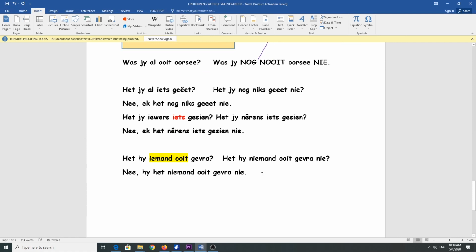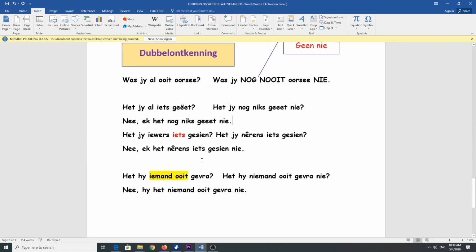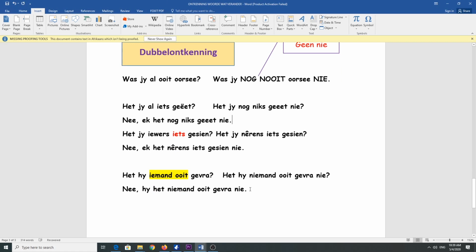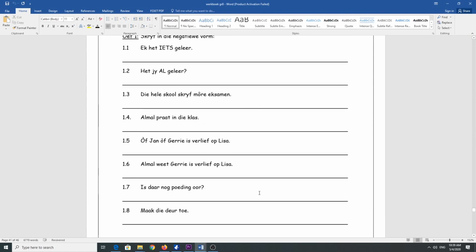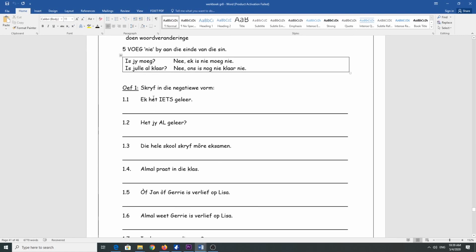So I hope you understand this. If you don't, please ask me when we return or send me a message. In your workbook, on page 41, you will find oefening 1, ek het iets geleer, and so on. You are to skryf in die negatiewe vorm. So you're going to keep a question, you're going to keep a command.